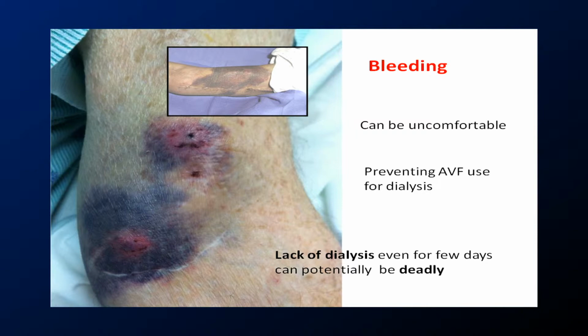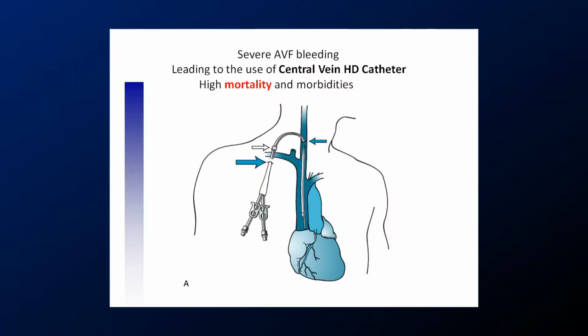And because we cannot use a fistula for dialysis, missing even a single dialysis can result in sudden death of the patient, and that's not acceptable. If the fistula cannot be used, then one has to put a catheter in the neck inside a large vessel atop the heart, like I've shown here.